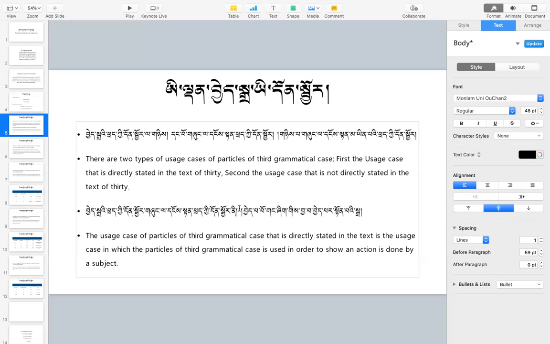So the usage case of the particles of the third grammatical case that is directly stated in the text is the usage case in which the particles are used to show that an action is done by a subject.